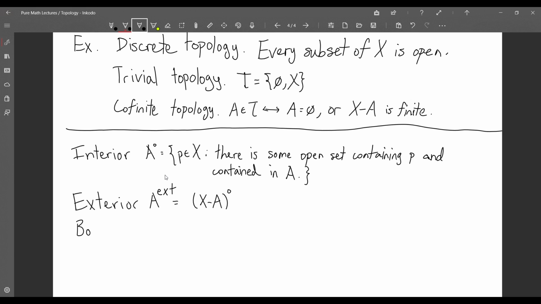And then there's the boundary, A boundary.